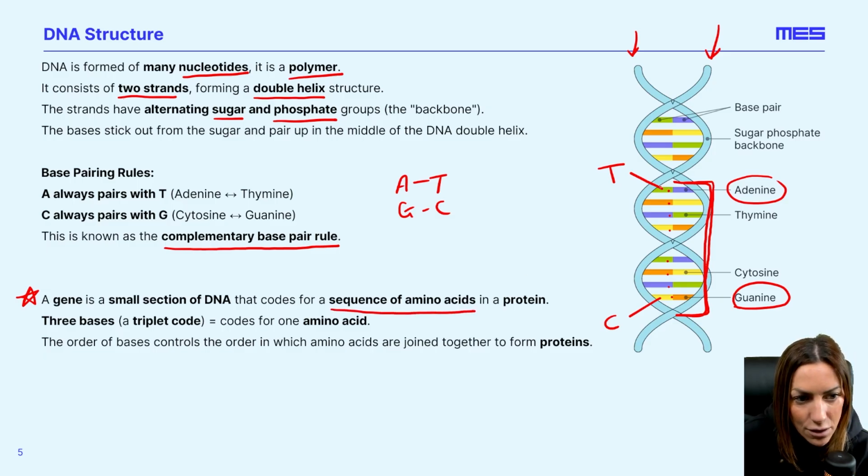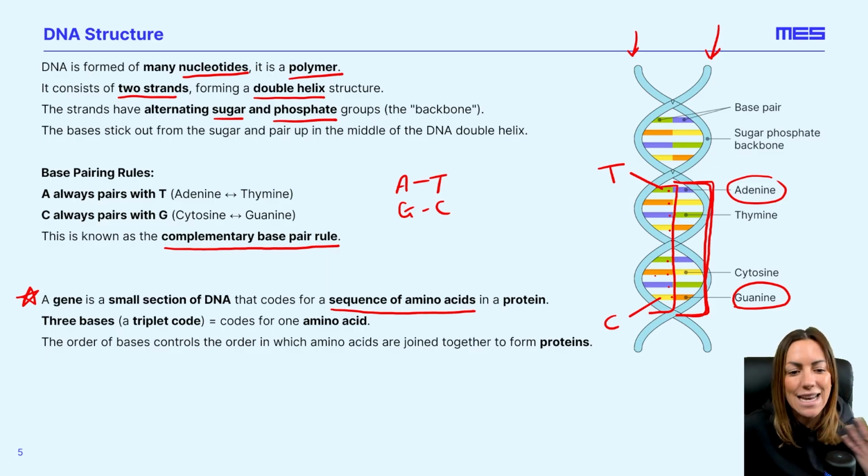So you can look at this strand here. You've got a thymine, a guanine, an adenine, a cytosine. The order of those bases determines the order of the amino acids that make up the protein. And that's why we say a gene is a section of DNA that codes for a protein.